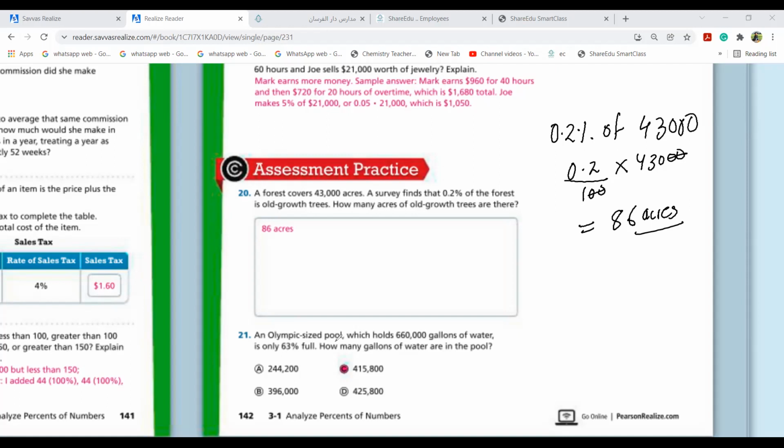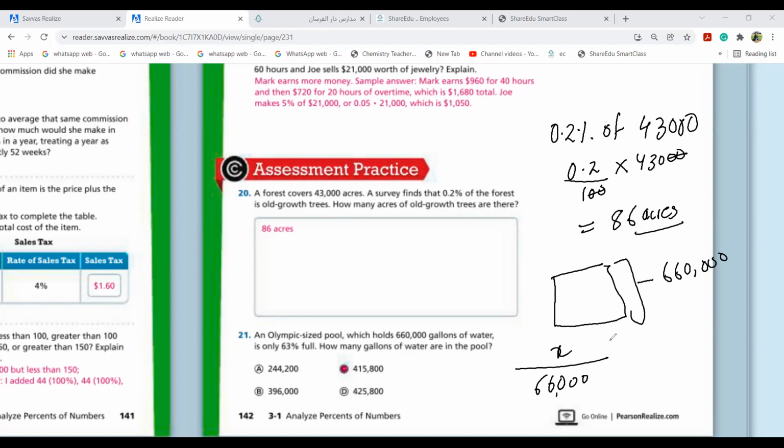An Olympic-sized pool which holds 660,000 gallons of water is only 63% full. The total is how much? 660,000. The total is 660,000, okay?